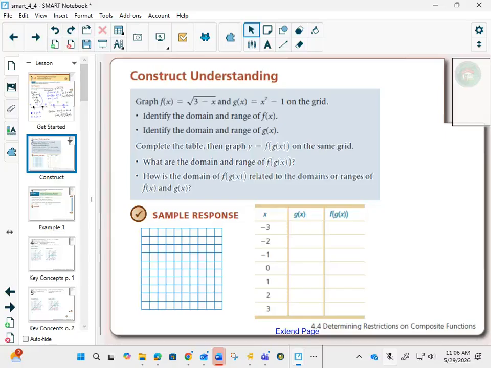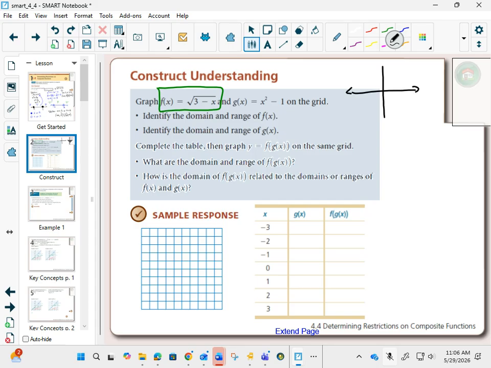We want the domain and range of both f of x and g of x. Now, I'm going to do f of x in green first. I'm going to draw a little graph of it. To graph the square root of 3 minus x, you can either use transformations or you can use what we learned in chapter 2, where you square root any graph.